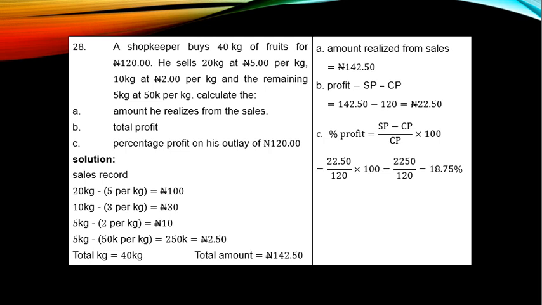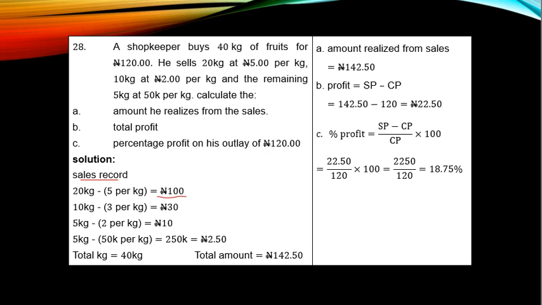So that will take us to the sales record. Let's get the sales record. The first is 20 kilogram at 5 naira per kilogram. So if 1 kilogram is 5 naira, it means 20 kilogram is 100 naira. 20 kilogram, that is 5 times 20.